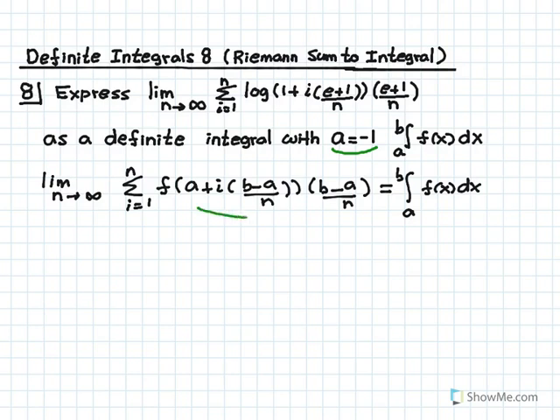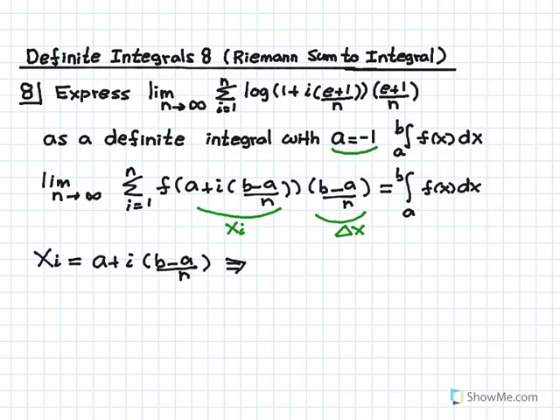This part here is xi. This is delta x. Alright, so xi is equal to a plus i times (b minus a)/n.